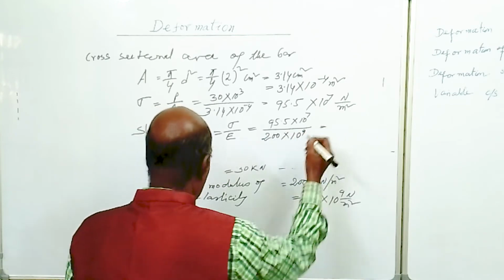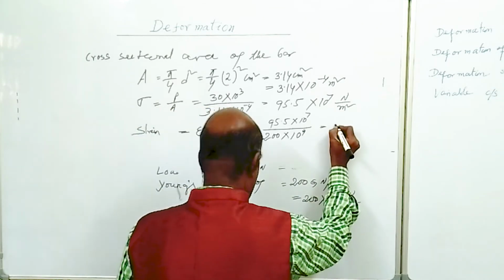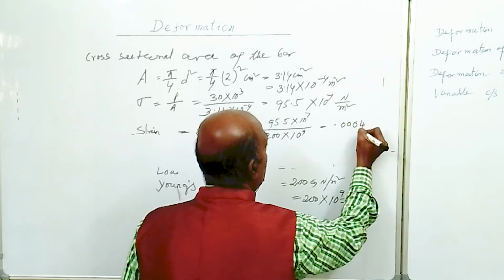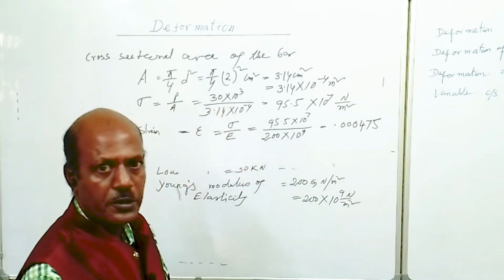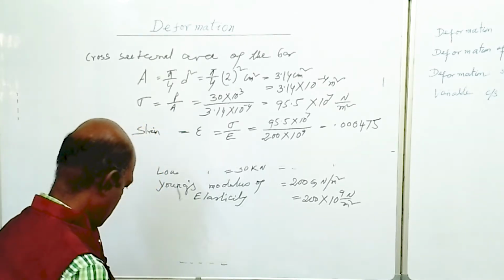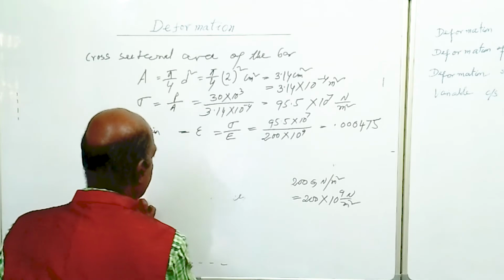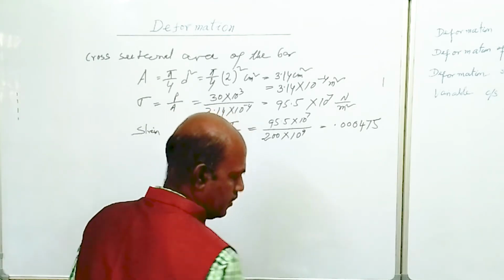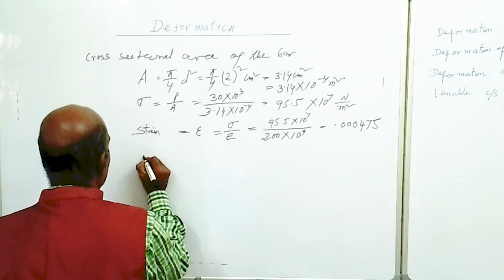This will be the strain developed in the bar, and it is 0.000475. Strain has no unit, so we will not write the unit. Now next we are going to find the last part of the question, that is the deformation produced in the bar.